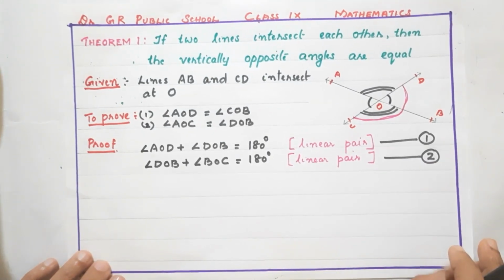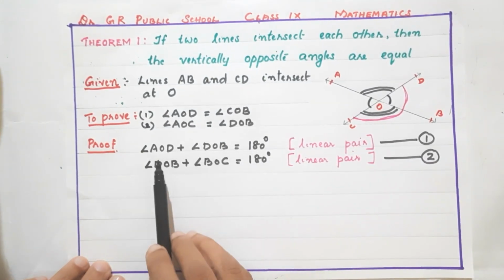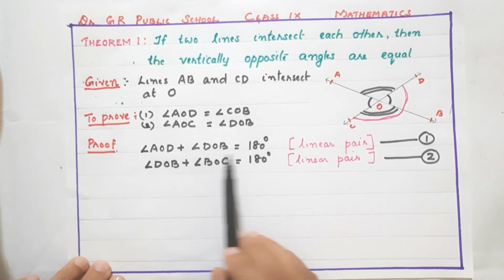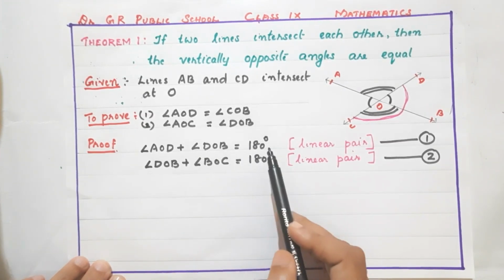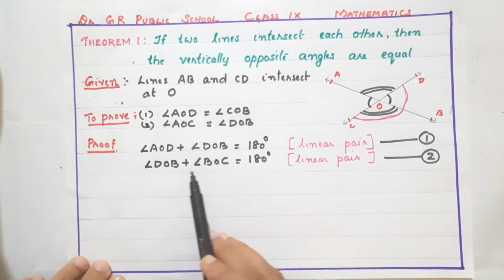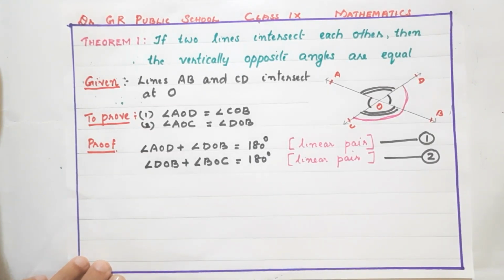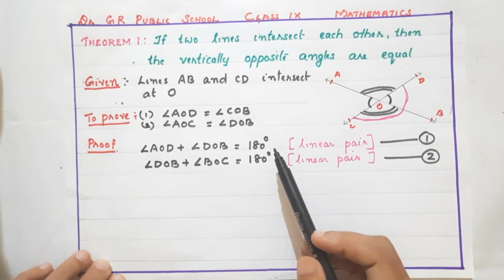See children, here we have two equations. In these two equations, you can see the right sides are equal. Here also it is equal to 180, here also equal to 180. Now, you should know one thing.